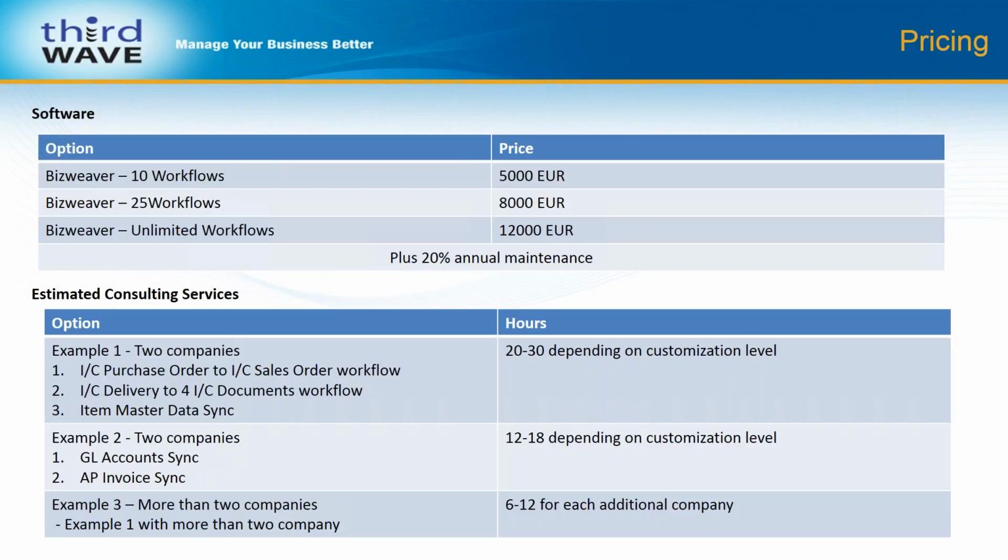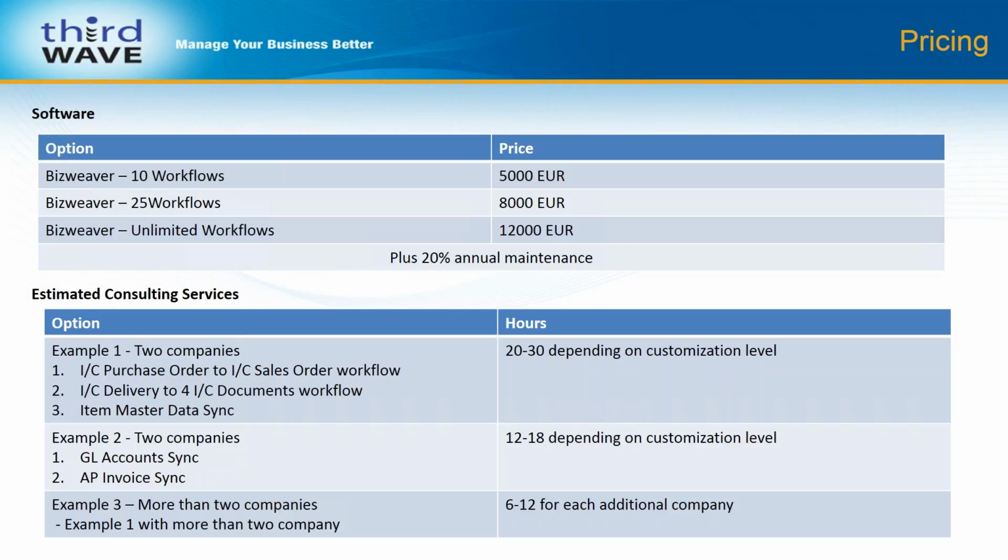So that's all included with any of these pricing tiers. And then obviously 25 workflows, you'll see 8,000 and unlimited. So if you have somebody that's setting up many different workflows to get an e-commerce integration going, and didn't want to worry about the quantity that they're setting up, we do have an unlimited package, and it's an initial price for the product, and 20% is billed annually for maintenance.